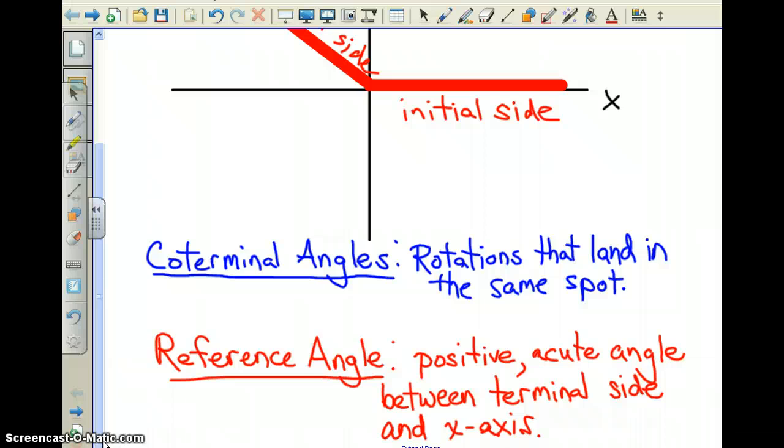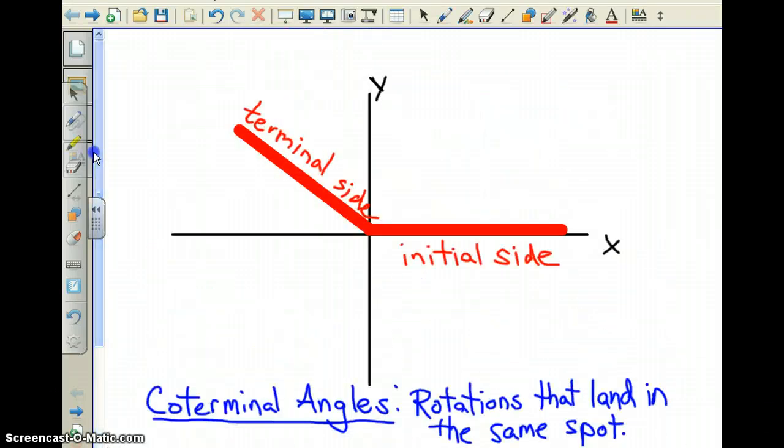Always the x-axis. So up on my picture here, I've labeled my terminal side right there. My x-axis is right here. And my reference angle is this many degrees, this angle in between the terminal side and the x-axis.